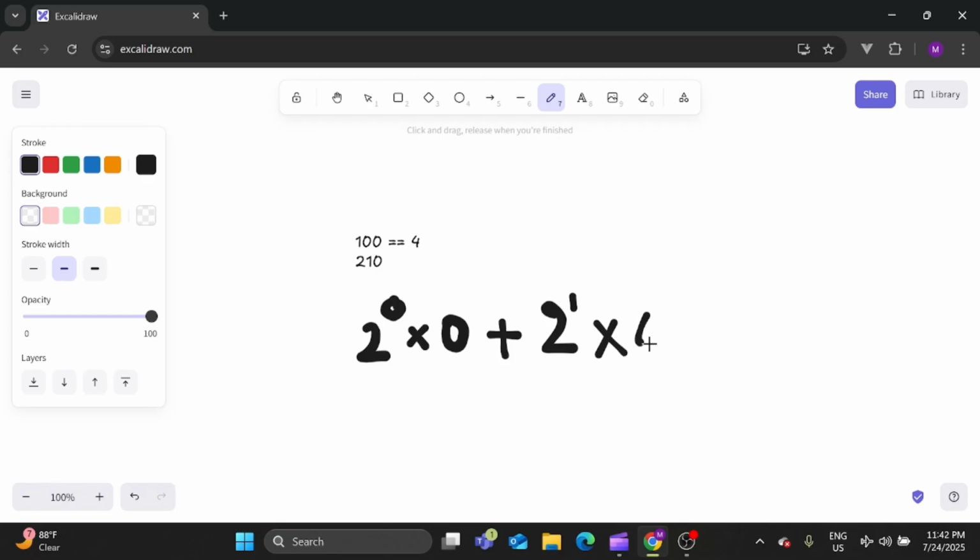So we multiply by 0. And then we add another 2 to the power of 2 this time, because we want to calculate for this position. And the value at the second position is 1. So we just multiply by 1. And this is equivalent to 4.